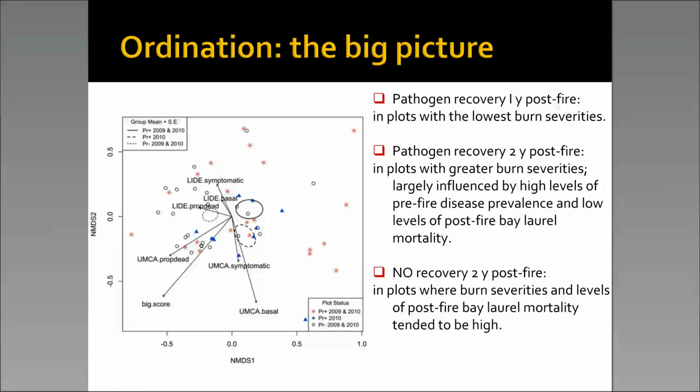In plots where there was no recovery of the pathogen 1 or 2 years post-fire, those plots had the highest levels of burn severity as well as post-fire bay laurel mortality.